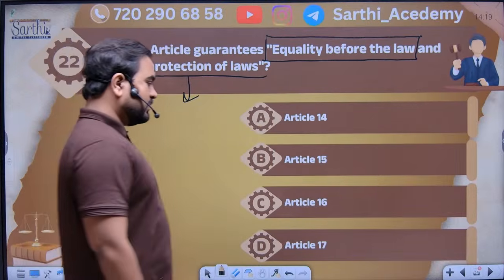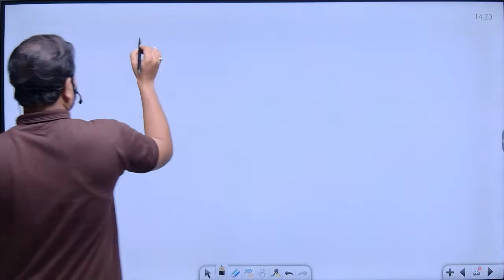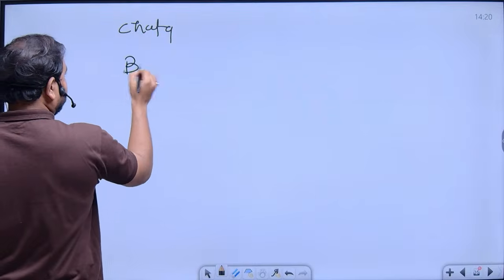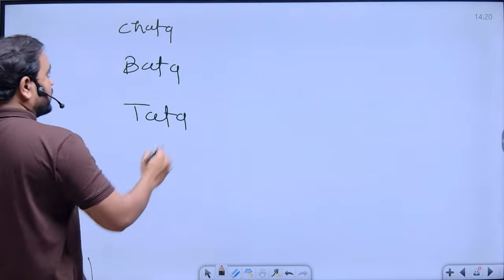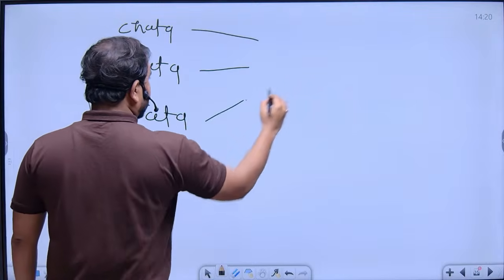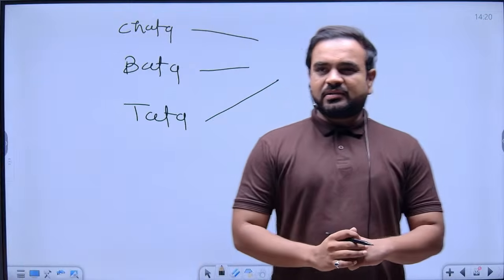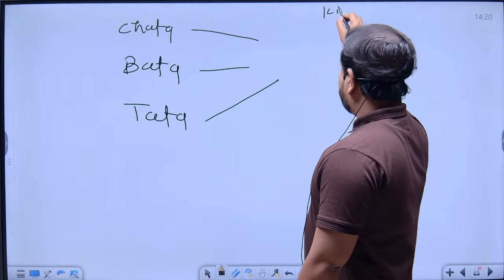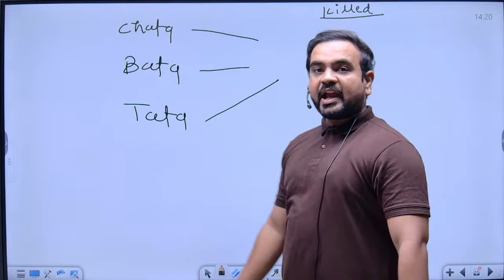Let's take an example. Let's say there are three people, Chata, Bata, and Tata, and all three committed the same crime. Let's say they killed someone, or attempted murder.